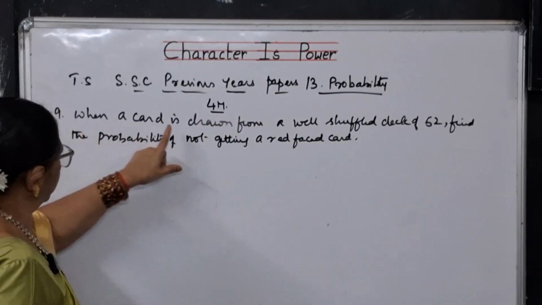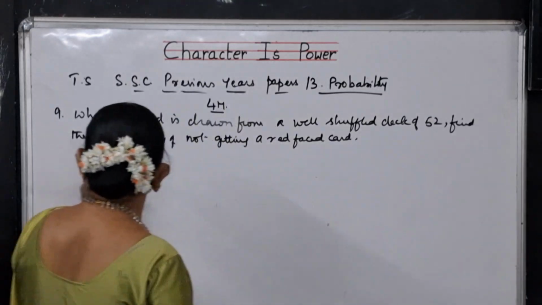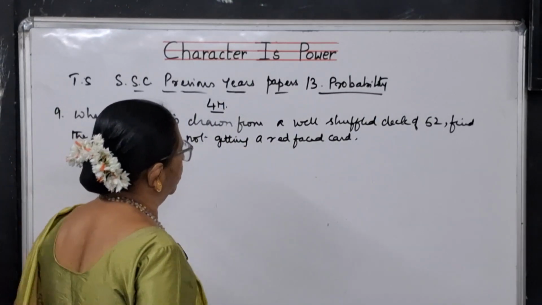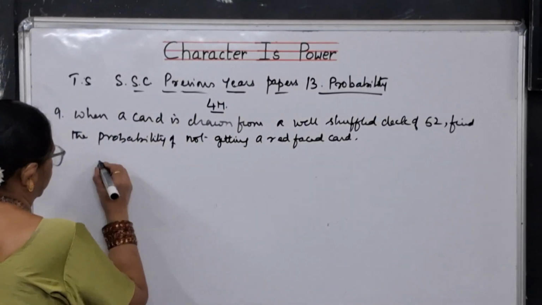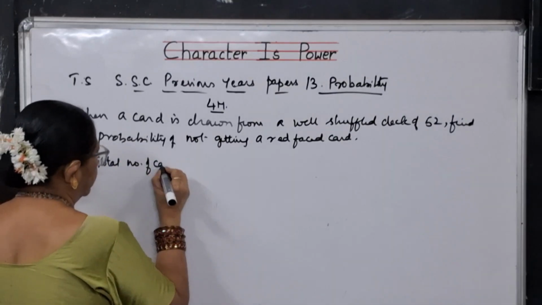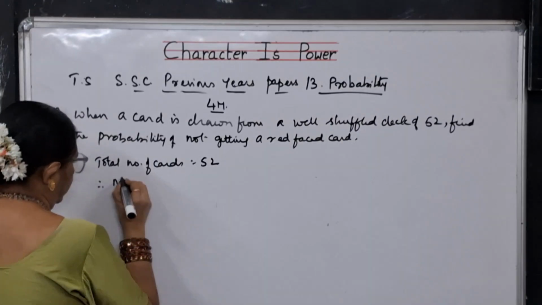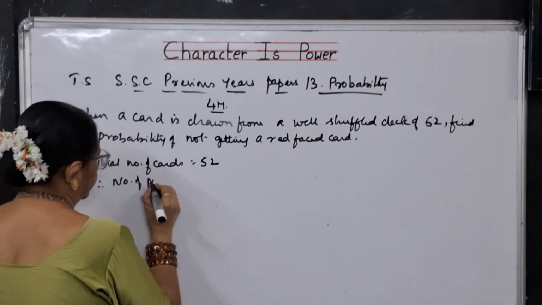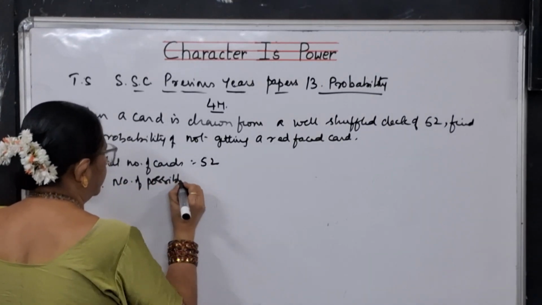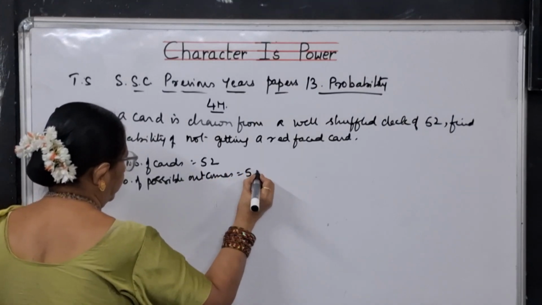9th one. When a card is drawn from a well-shuffled deck of 52, find the probability of not getting a red face card. So first you write the total number of cards is 52. So the number of possible outcomes is 52.